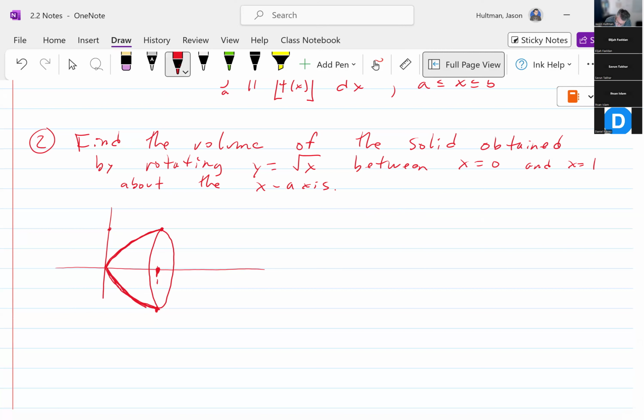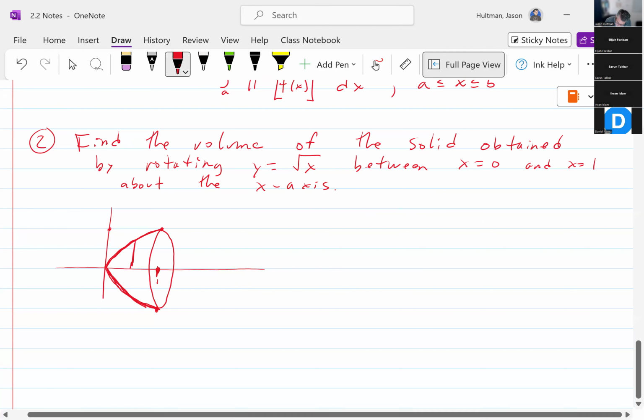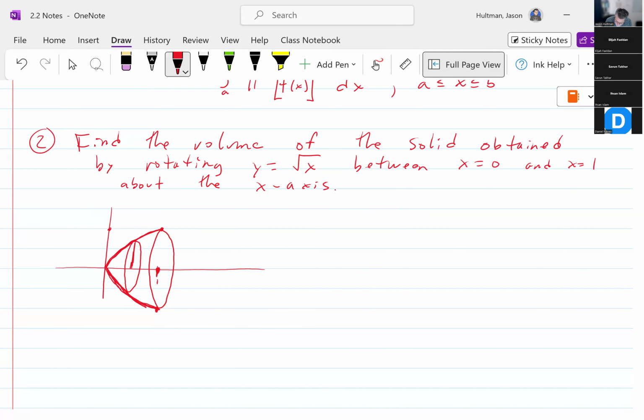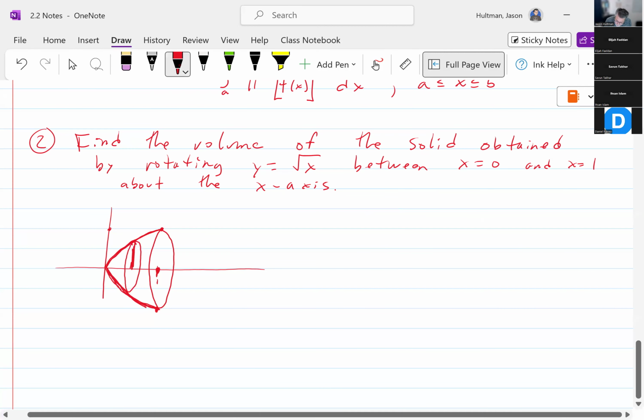Now, my individual cross sections are going to be circles. Circles of radius f of x. See, f of x, if I'm out x units, then f of x is going to be the height of my function.